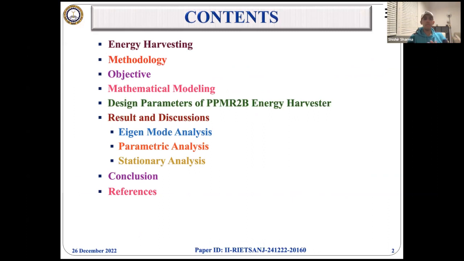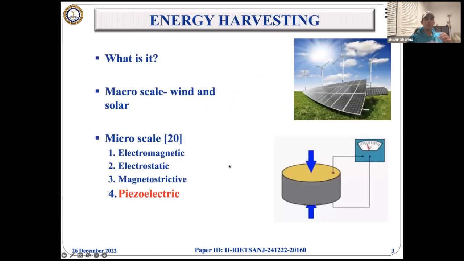We basically covered all these contents: how to harvest energy, all the methodology involved, the objective, the modeling, the result, and the basic observations we found based on our experiments. So if I start real quick, what do I mean by energy harvesting?